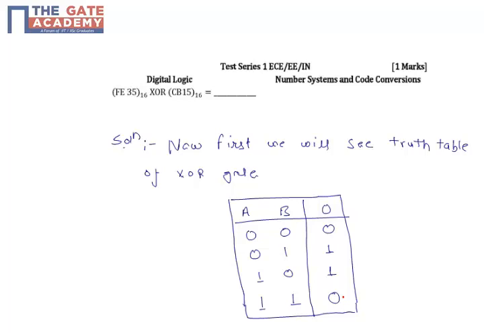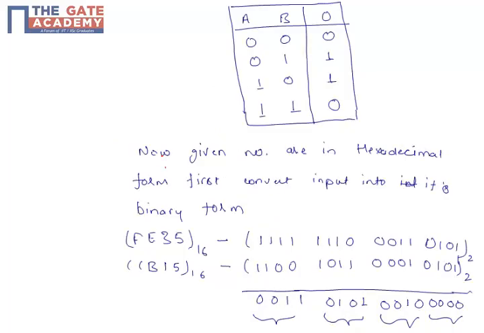Now we have our input in the form of hexadecimal numbers. First we will convert them into binary inputs. To convert any hexadecimal number into its binary form, we represent a single digit with 4 bits in binary form. As we have done here, to represent F we use 4 bits and convert it to 1 1 1 1, four times 1.